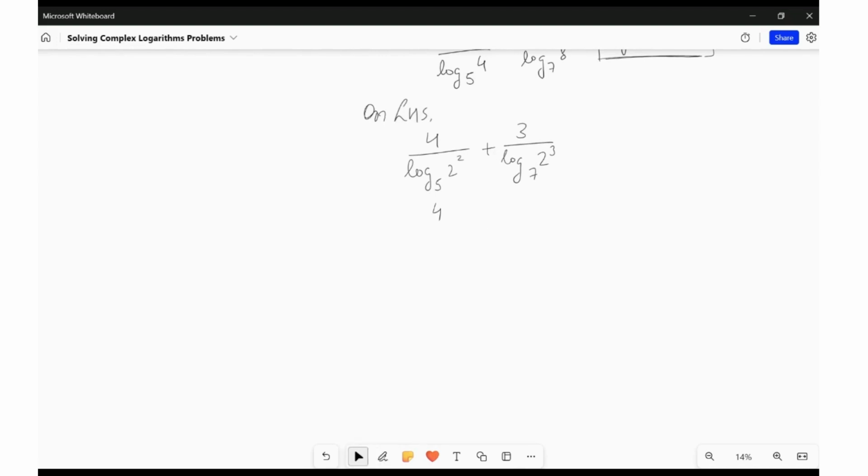So 4 by 2 log 2 base 5 plus 3 by 3 log 2 base 7. 3 cancels out, 2 times 2 is 4. So 2 by log 2 base 5 plus 1 by log 2 base 7.